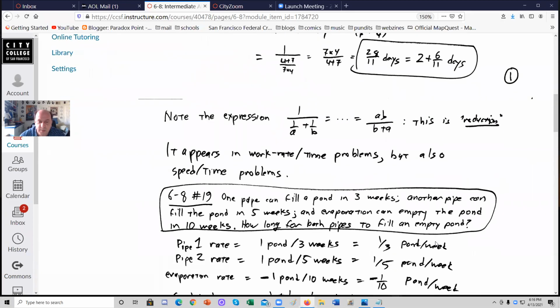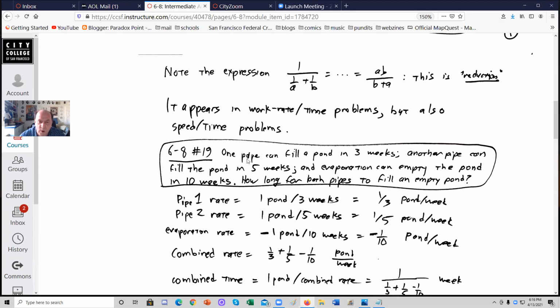All right, this is a similar one, a rate time problem. One pipe fills a pond in 3 weeks, another pipe can fill it in 5 weeks, and evaporation can empty the pond in 10 weeks. How long does it take for both pipes to fill an empty pond? So first, a pipe has a rate of 1 pond in every 3 weeks. The second pipe has 1 pond in every 5 weeks. And the evaporation rate is negative because it's emptying the pond: -1 pond for every 10 weeks. So 1/3 pond per week, 1/5 pond per week, minus 1/10 pond per week.